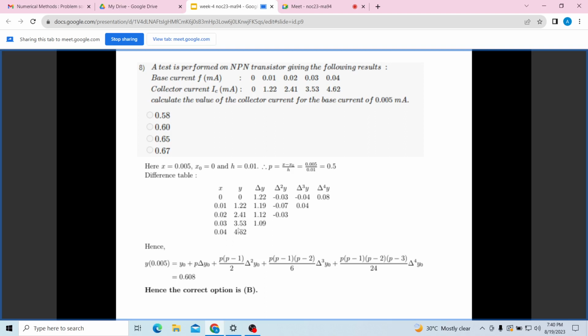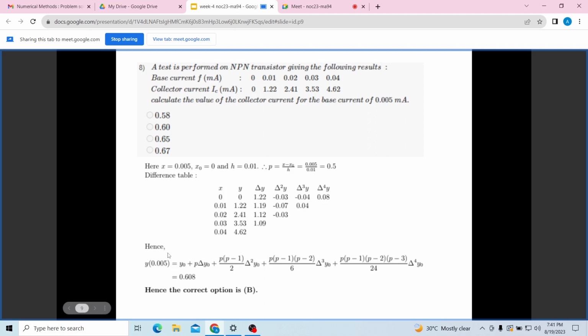Then 4.62 minus 3.53 will give you 1.09. Fine. Now for del square y, 1.19 minus 1.22 will give you minus 0.03. Then 1.12 minus 1.19 will give you minus 0.07. Similarly, this will give you minus 0.03. Then del cube y, and similarly you can calculate del 4 y. Now since we have got only one term, we will terminate over here.